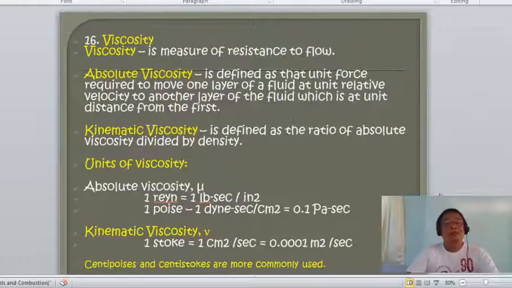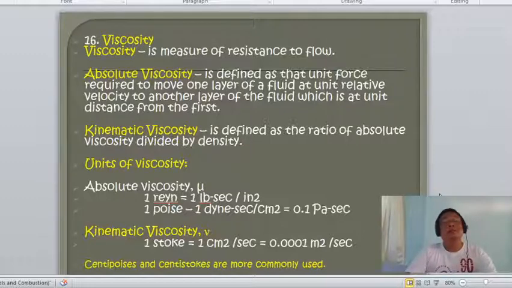One is the so-called absolute viscosity. What is this absolute viscosity? This is defined as the unit of force required to move one layer of fluid at unit relative velocity to another layer of fluid, which is at unit distance from the first.